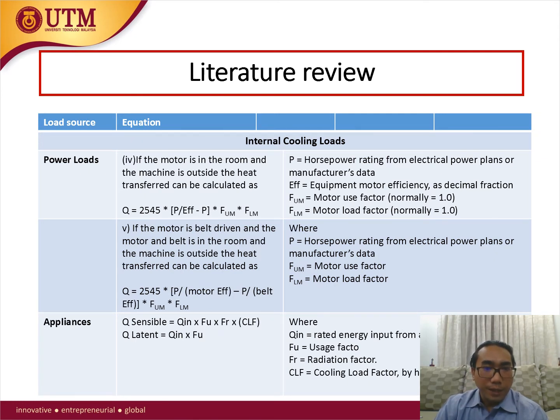For the appliances, in a cooling load estimate, heat gain from all appliances, electrical, gas, or steam should be taken into account. Because of all the variety of appliances, applications, schedules, use, and installation, estimates can be very subjective. Often the only information available about heat gain from equipment is that on its nameplate.